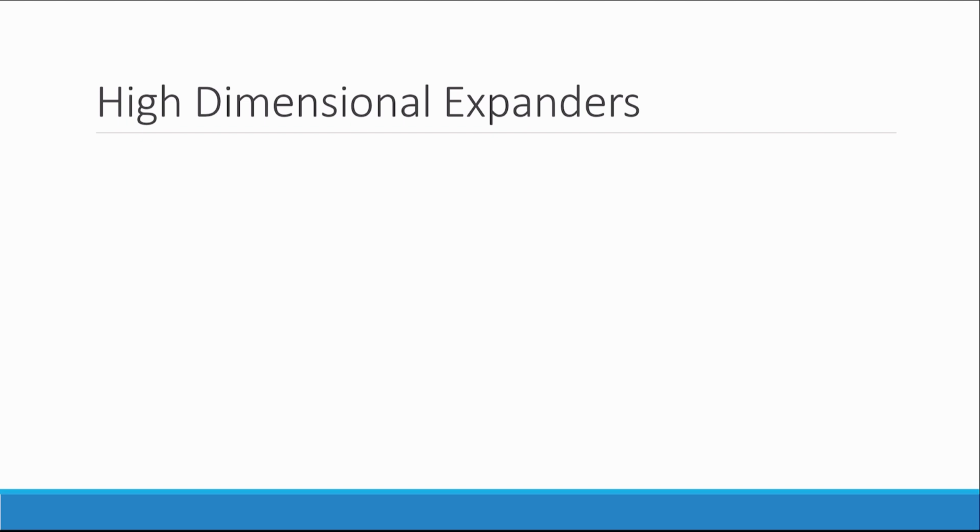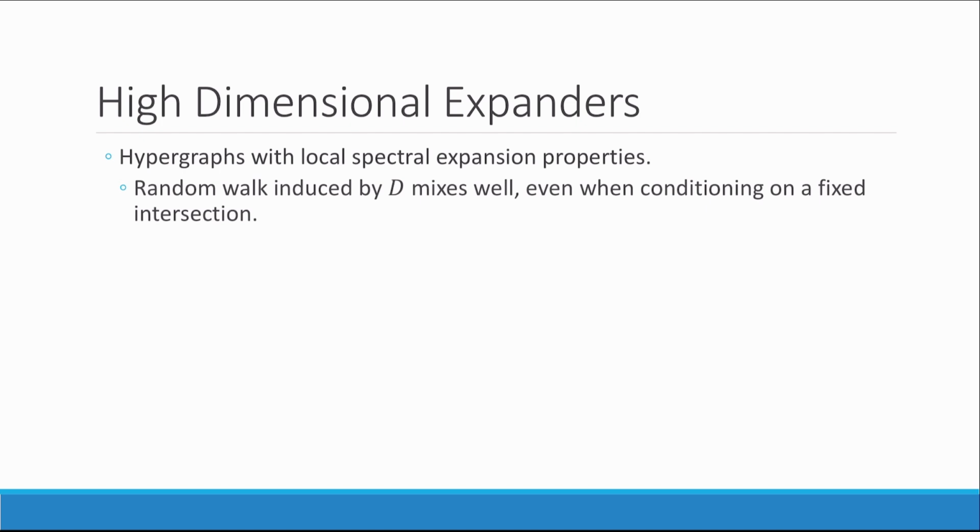So let's talk about the two properties that I mentioned in our first result. The first is to be a high-dimensional expander. Basically, high-dimensional expanders are hypergraphs that have local spectral expansion properties. Without getting into the definition too much, you can define a graph or a random walk using our test distribution, where you walk from one set to another set if the pair appears in the support of this test distribution.